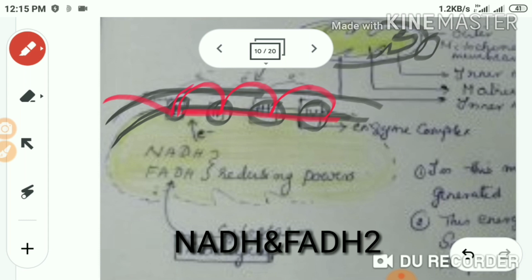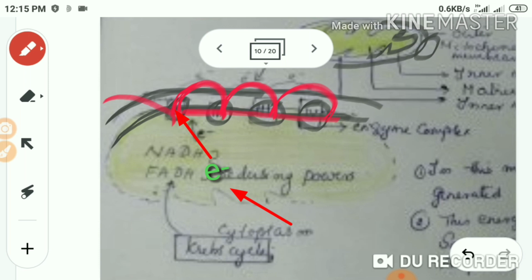The electron jumps from one complex to another, and again to another complex. As a result of this riding or jumping process, energy is released. Got it? It's a process. A number of steps are there in this process.